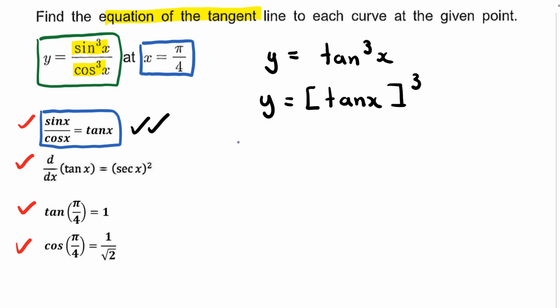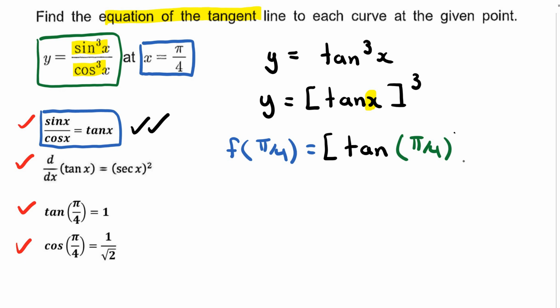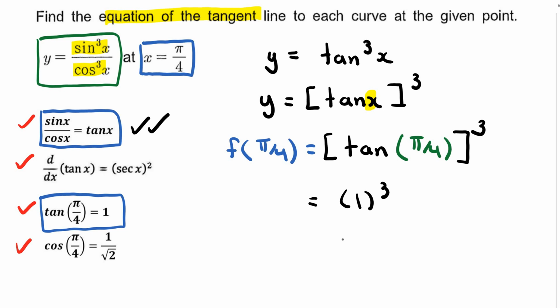And now I need to evaluate f of pi over 4. So we're trying to find the y value right away. If we do that, anytime we see an x variable here, we're just replacing that x variable with pi over 4. So tan of pi over 4, closed bracket, raised to the power of 3. If I use this reference point right here, we know tan of pi over 4 is 1. So this is the same thing as 1 to the power of 3, which is simply 1.